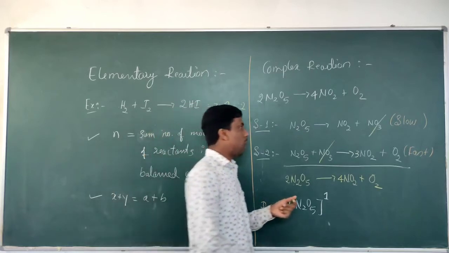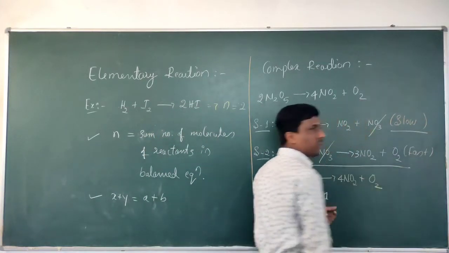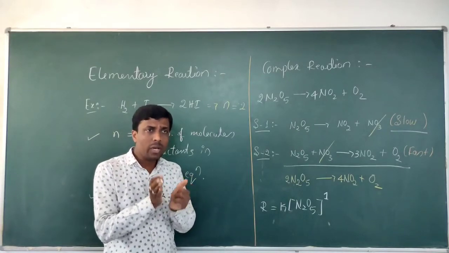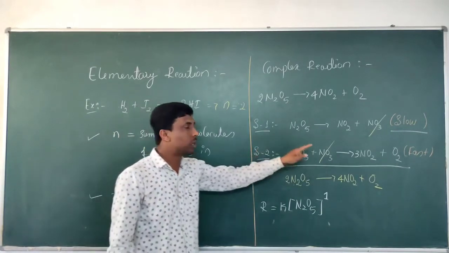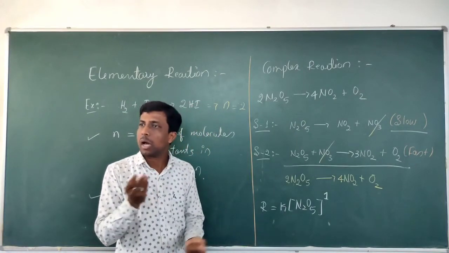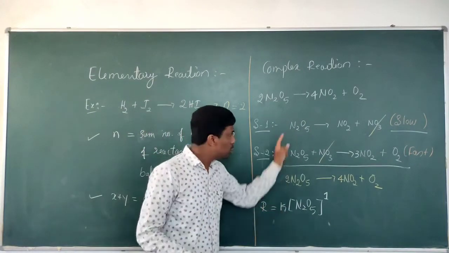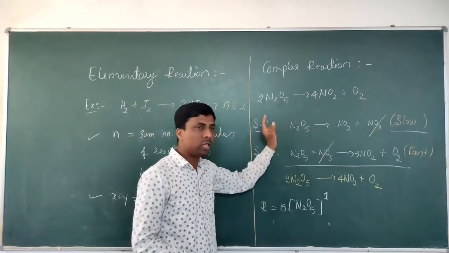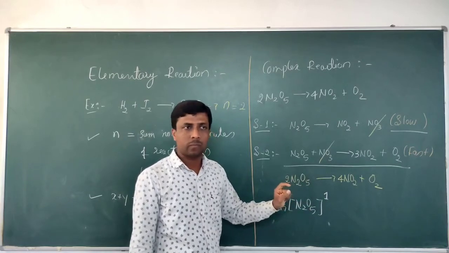In that one, you have to search for the slower step of the mechanism. You know how many reactive molecules are there in the slower step? That number is the order of the reaction. ಅಲ್ಲಿ 2 ಇತ್ತು, order of the reaction is 2. 2 N2O5 ಇದ್ದು ಅನ್ಕೋ, or 5 ಇದ್ದು ಅನ್ಕೋ, order of the reaction 5.